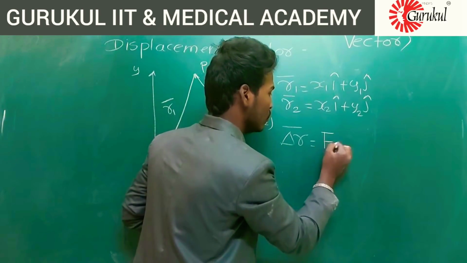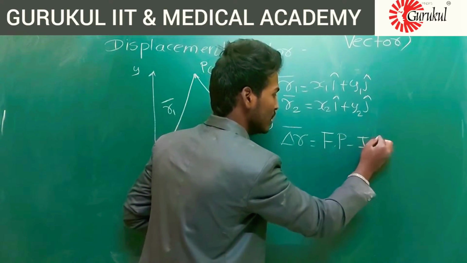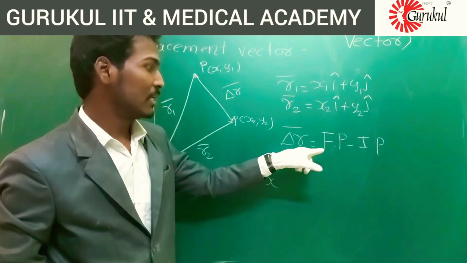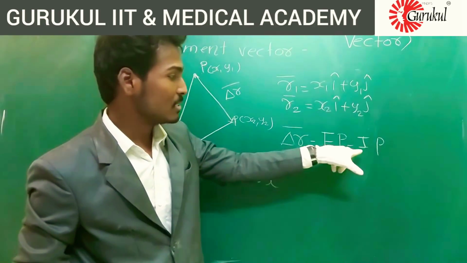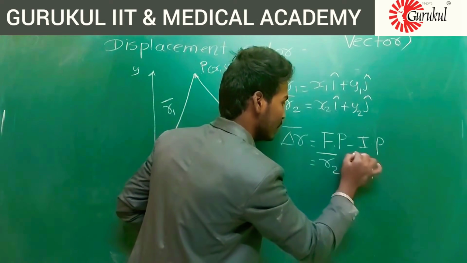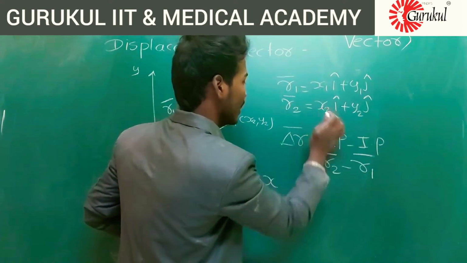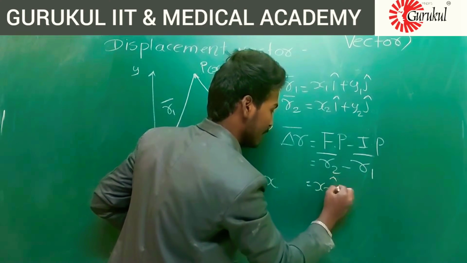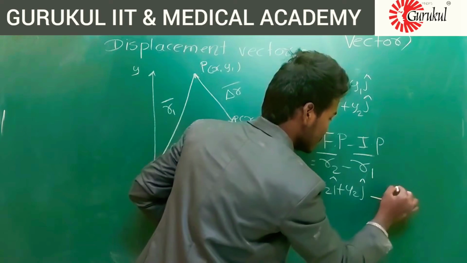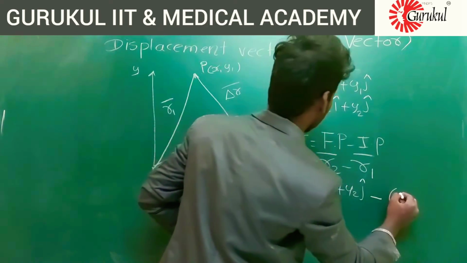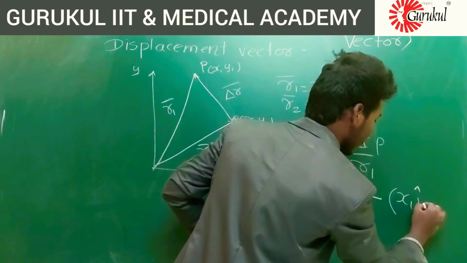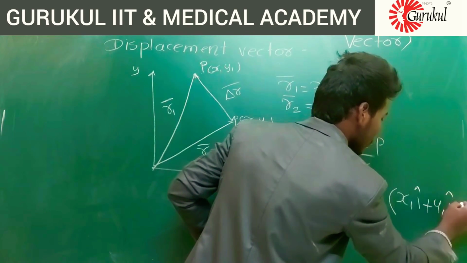But as we are taking into account position vector, it will be final position vector minus initial position vector, that is equal to r2 bar minus r1 bar. So r2 bar, x2 i cap plus y2 j cap, minus r1 bar, x1 i cap plus y1 j cap.